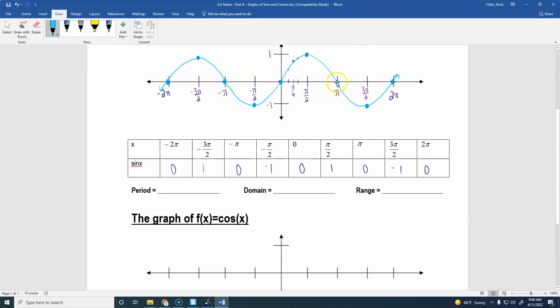Because our pattern, although it's just like mirrored, it is different right here from negative pi to 2 pi because you're below the x-axis right there. Which, if you think about it, with your unit circle, that should make sense because that's the time it's going to take you to go all the way around the circle. And then after that, you're just going to start repeating over and over again the more times you go around the circle, right? Because 2 pi would be a full rotation. So our period would be 2 pi.